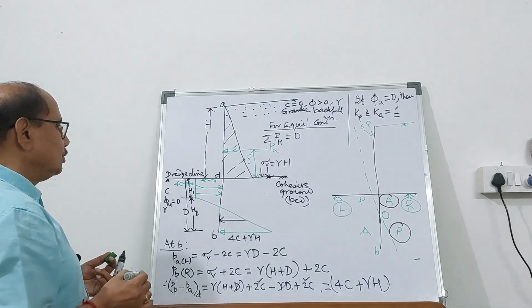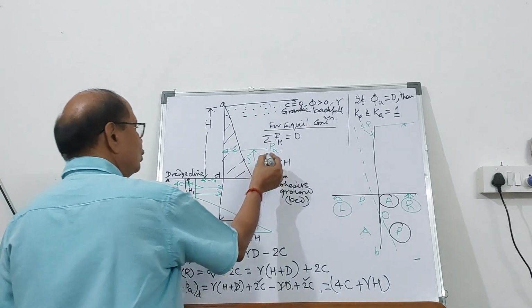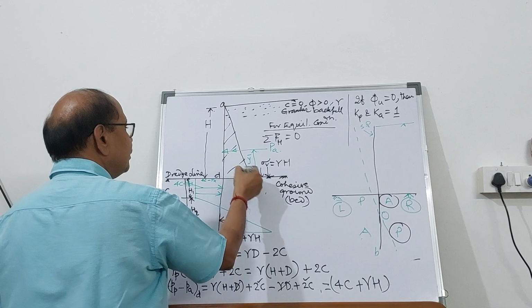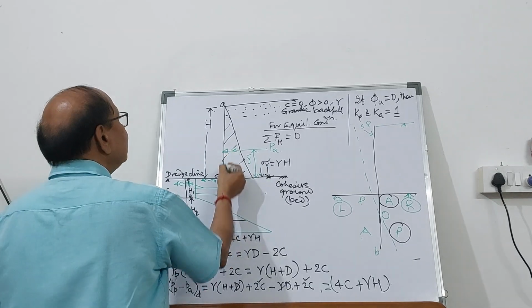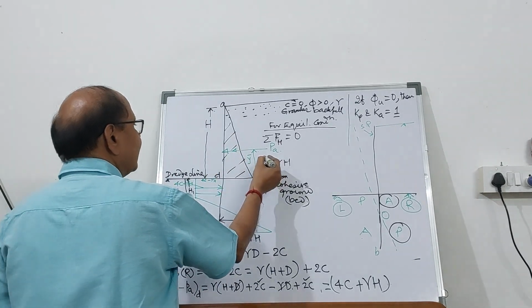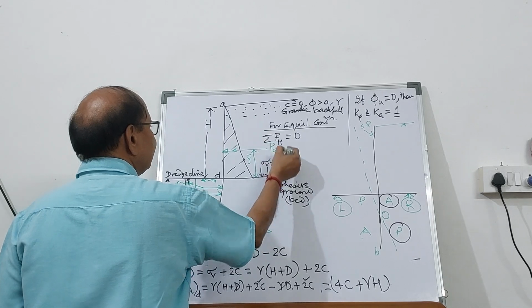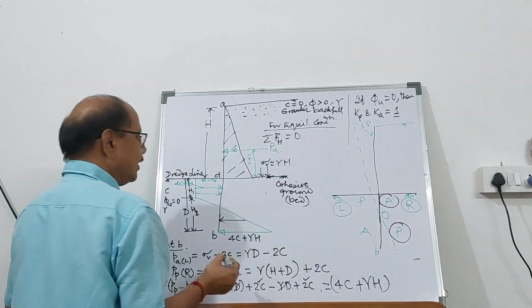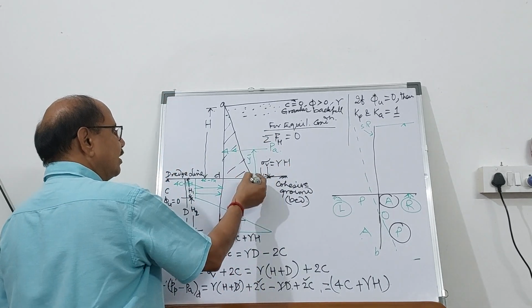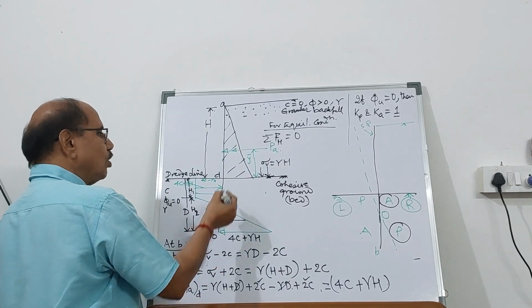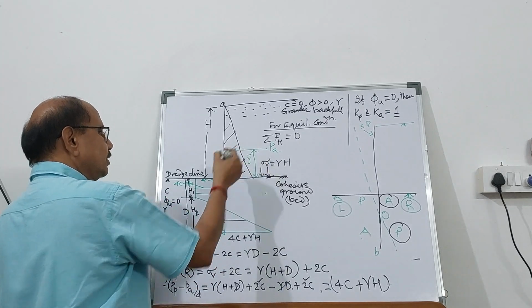You can always find out the area of the pressure distribution diagram between A and D, and that would give you the magnitude of PA. And you can always find out the value of its location, that is y bar.